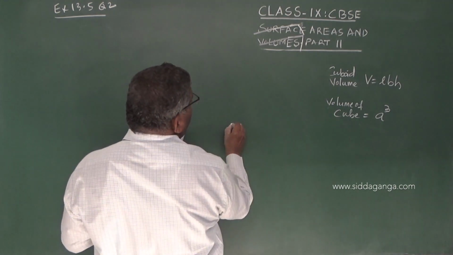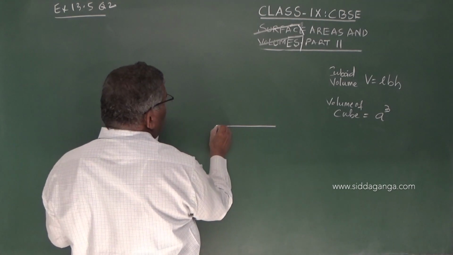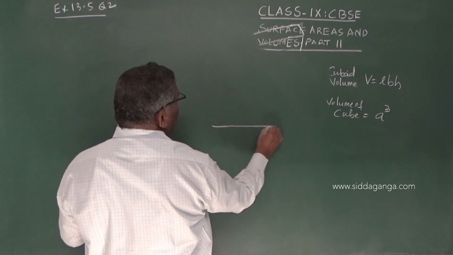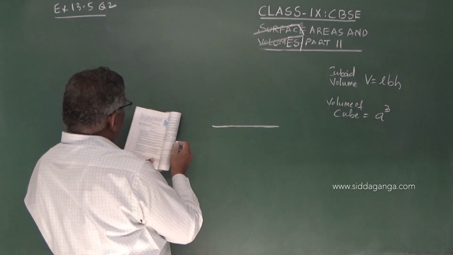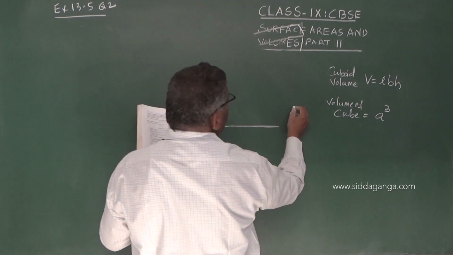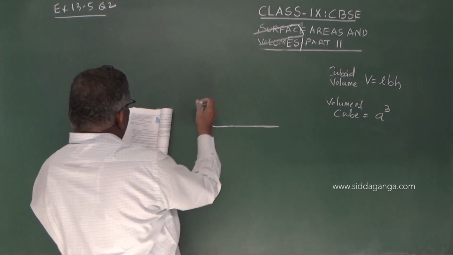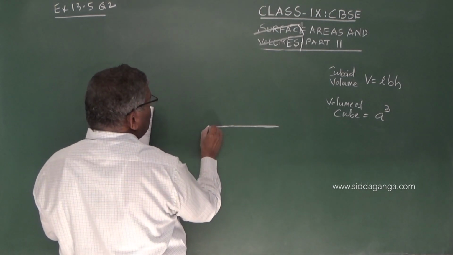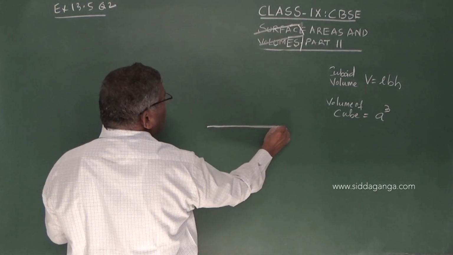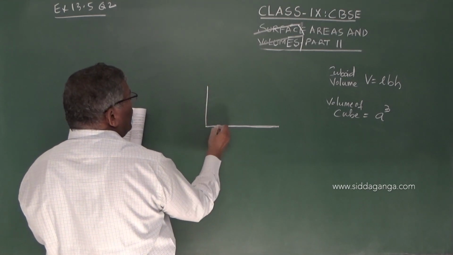So it is a water tank. It is 6 meter long and 4.5 meter deep. This is 6 meters. This is 4.5 meters.